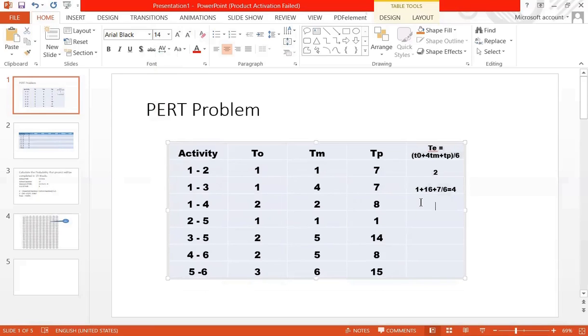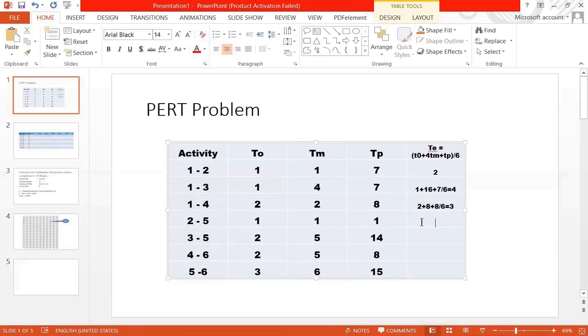For this one, it will be 2 plus 8 plus 8 divided by 6. 18 divided by 6. So this is equal to 3.